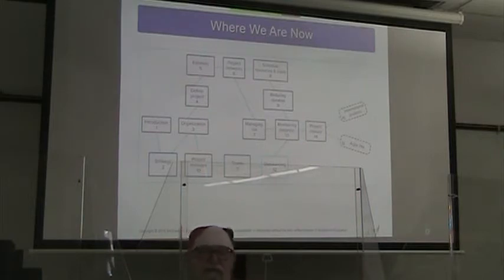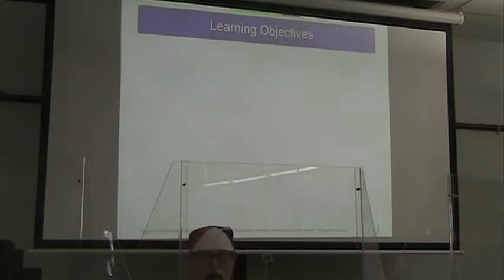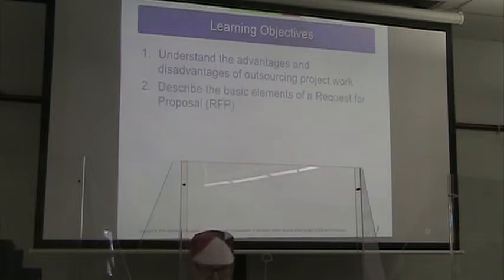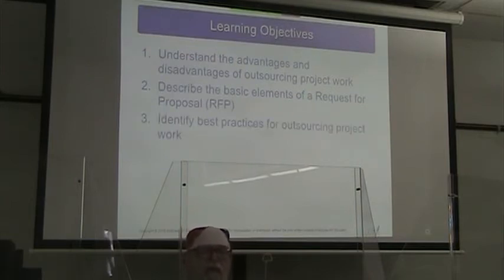Outsourcing is Chapter 12, as you can see here on our diagram. Our learning objectives: first, understand the advantages and disadvantages of outsourcing project work. Two, describe the basic elements of a request for proposal. Three, identify the best practices for outsourcing project work.